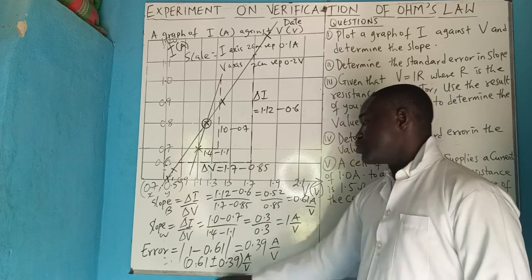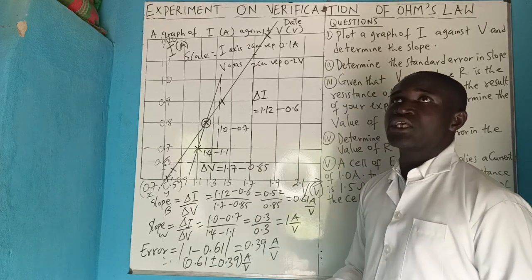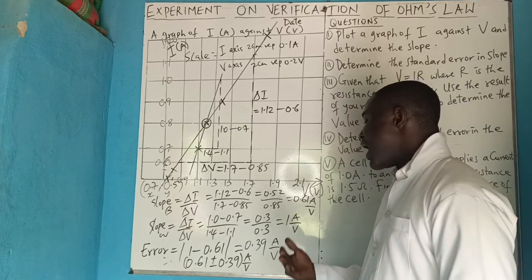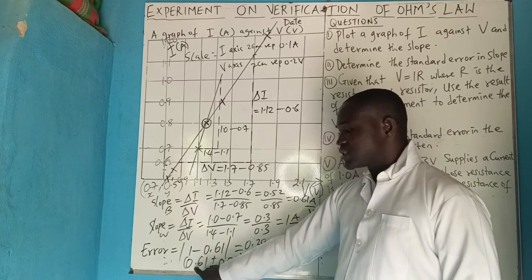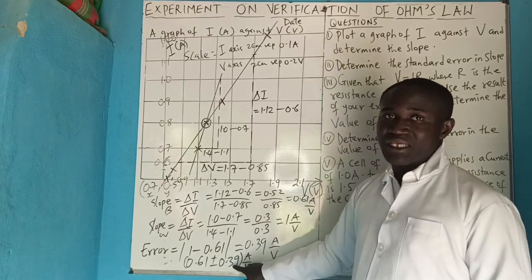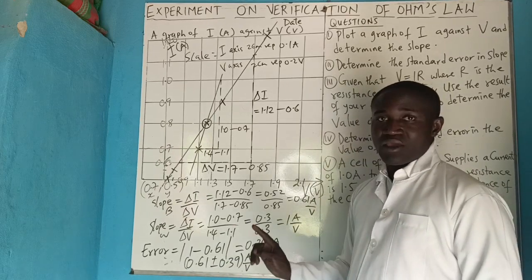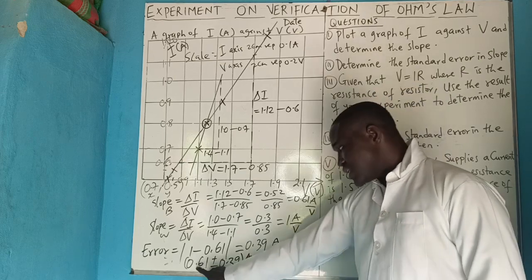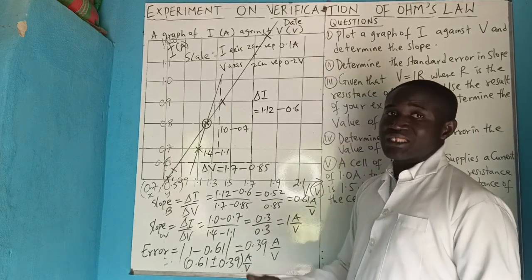But when you get this, if the marking scheme says the value is 1 ampere over volts, the implication is that if this is not in the marking scheme, this plus this will be in the marking scheme, or this minus this. So either of these three, one must be in the marking scheme. Either this exactly, or this plus this, or this minus this. That is how we do it.